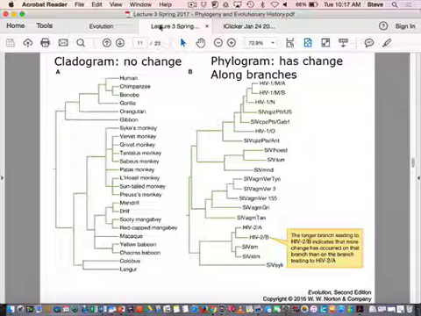There also are other ways we can kind of look at trees. I prefer this, but we have some things that are called cladograms and some are called phylograms. And what you'll notice here, what's different kind of about these two trees, especially over in here at the tips of the trees.